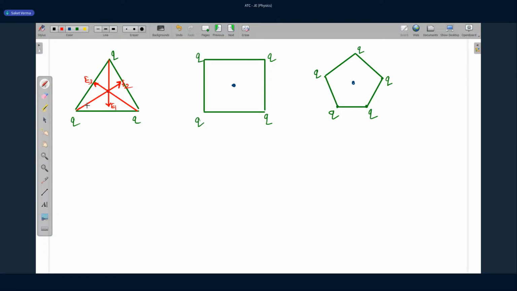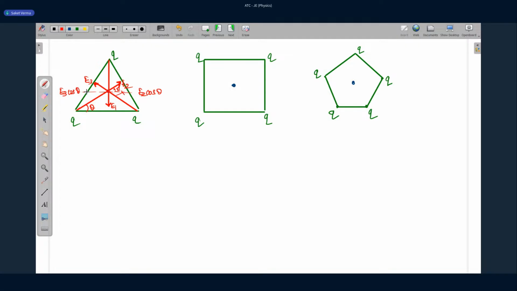Suppose this angle is theta, so this angle is also theta. Now this is E2 cos theta, and here you will get E3 cos theta, because the angle will be the same, since it is a regular polygon of equal sides.